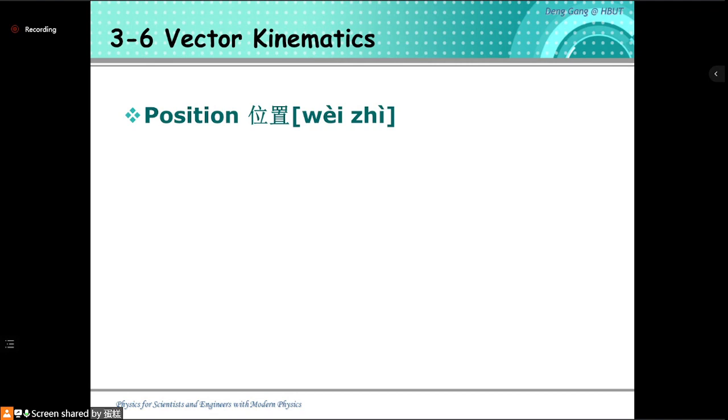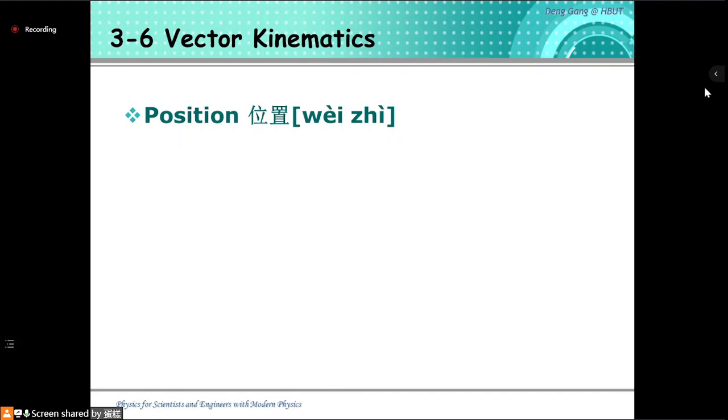Okay, so we have that tool, vectors and components. We can use this to describe motion in two dimensions. Like the first quantity, position.